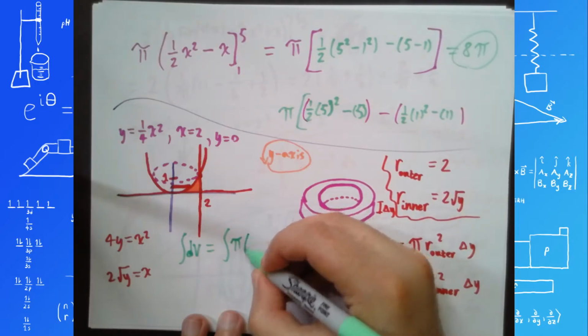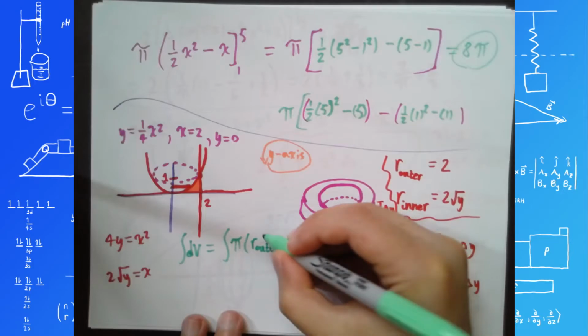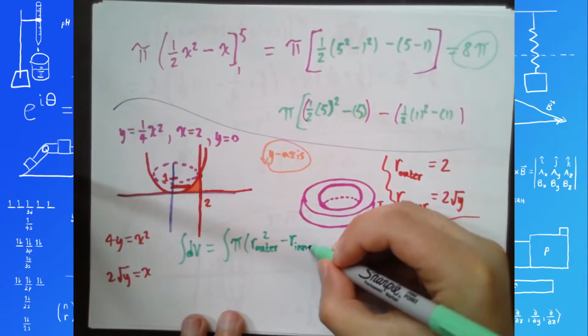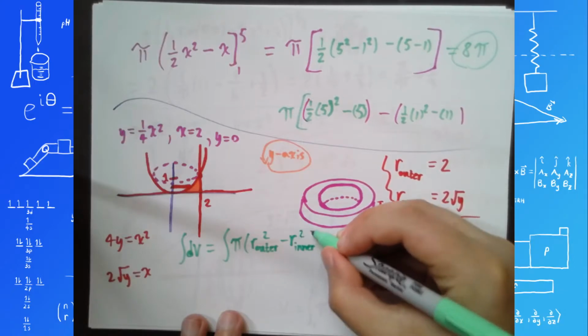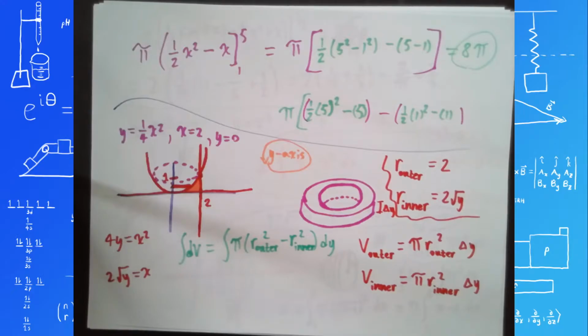Factoring out the pi, we've got r outer squared minus r inner squared, also factoring out the dy. That should do it.